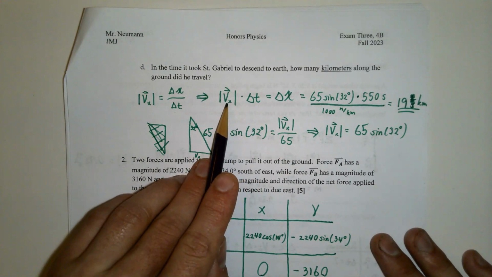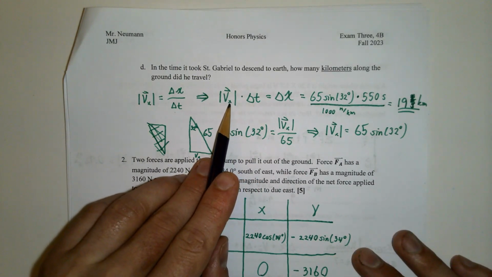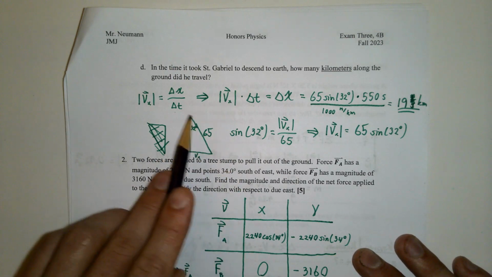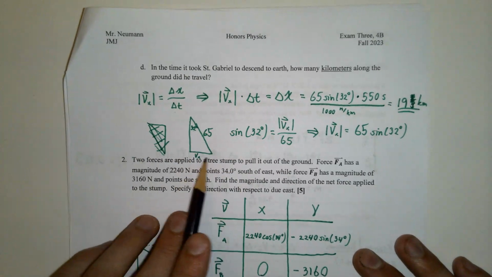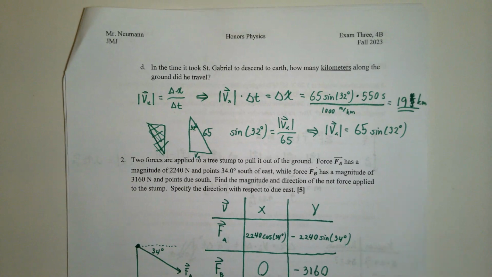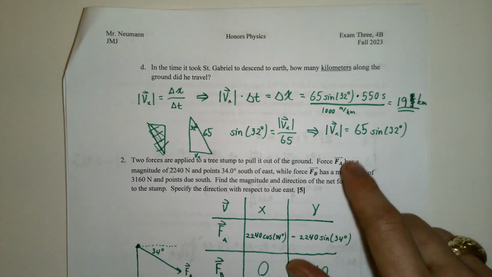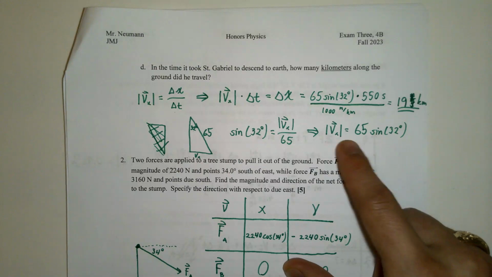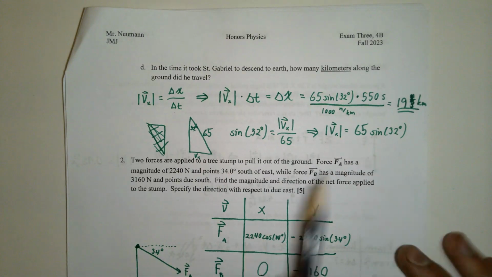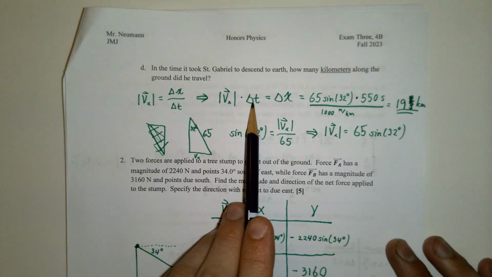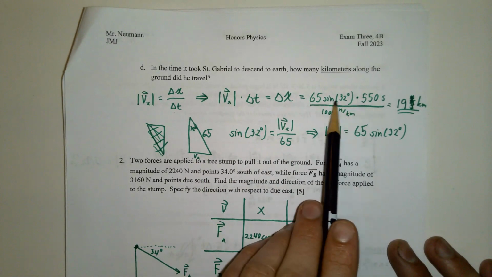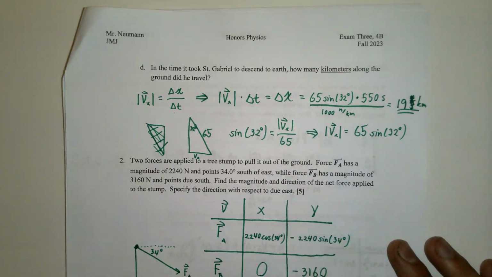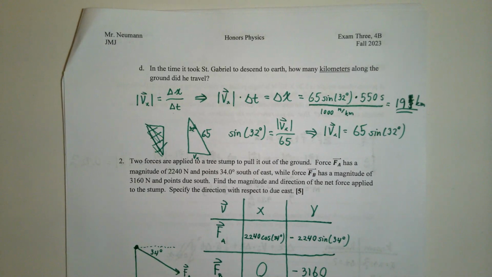To find his velocity along the ground, or the x component of his velocity, we have this same vector triangle again, except now we have the opposite side that corresponds to his horizontal velocity. So we need to use sine. We'll have 65 sine 32 gives us the horizontal velocity. That's what goes right here, right? Horizontal velocity times the time. That gives us the meters he traveled, divided by our conversion of 1,000 meters for every kilometer, gets us to 19 kilometers.